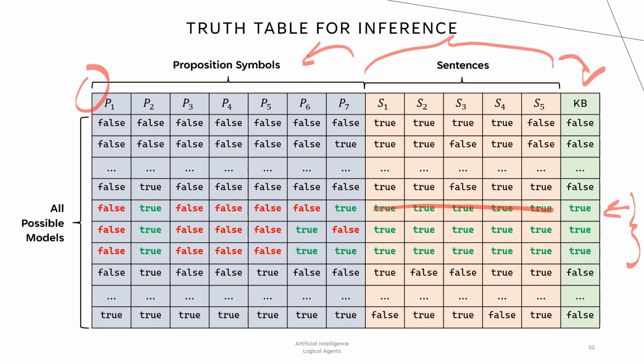Are there any questions about this method of inference? Yeah. So if you do the entailment and it's true, like it actually entails, then you could add an S6 column there and put that new sentence in? Correct. Yeah, so you could turn alpha into S of 6 if you'd like.